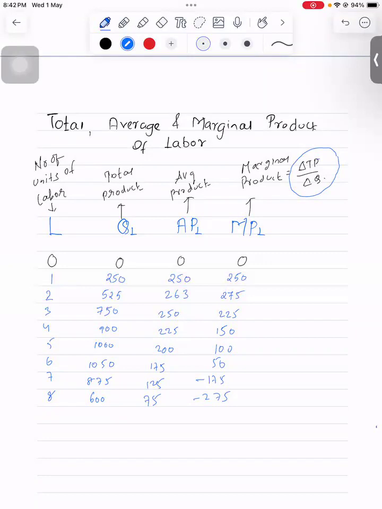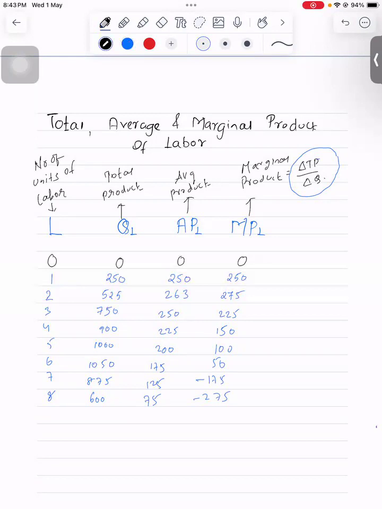Now we will summarize a few important points from this entire table. You can cross check, and correct it if it is wrong for you. First look at the marginal product. What is happening with the marginal product?